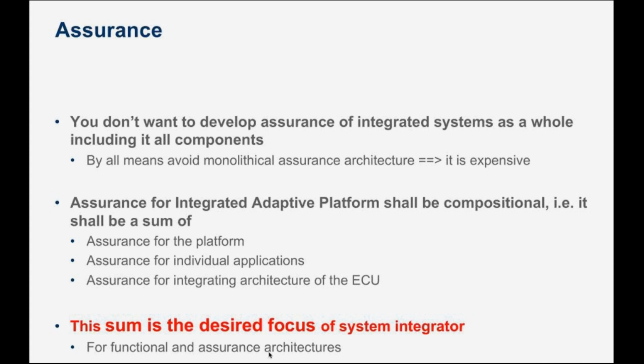So now we have different parts that can be handled individually, that you can understand, that are manageable, and the system integrator is then responsible only to actually put things together and is more interested in the sum of all these actions to find and generate the assurance for the complete system.